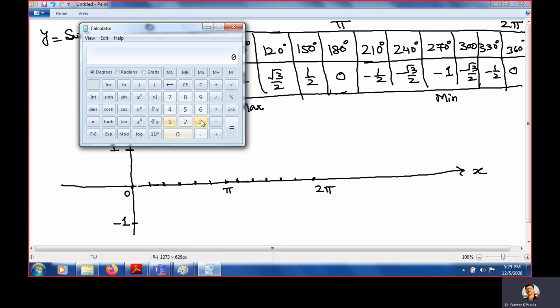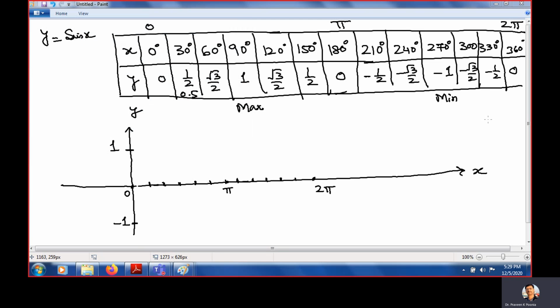Root 3 divided by 2 is about 0.86, roughly 0.8. So 0.5 is here, 0.8 is here, and 1 is here, then again down, then more down, and then 0.